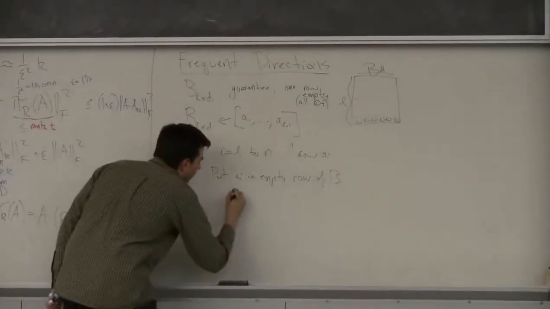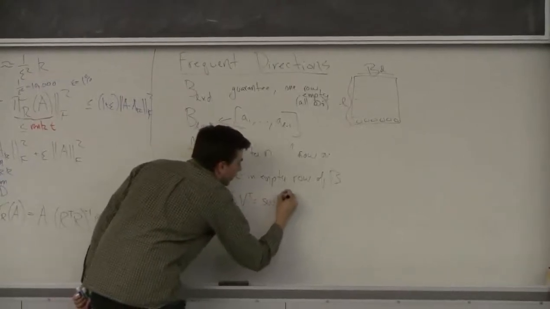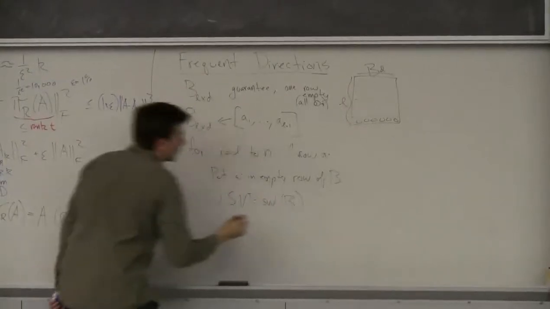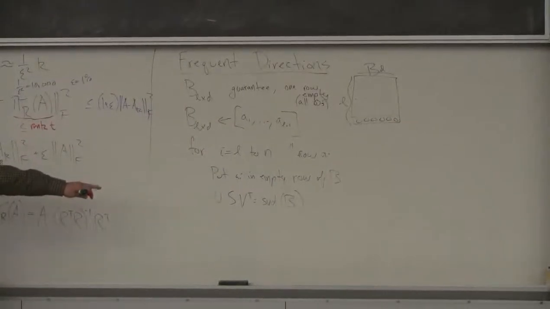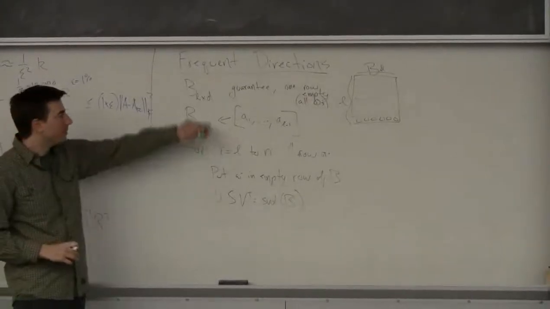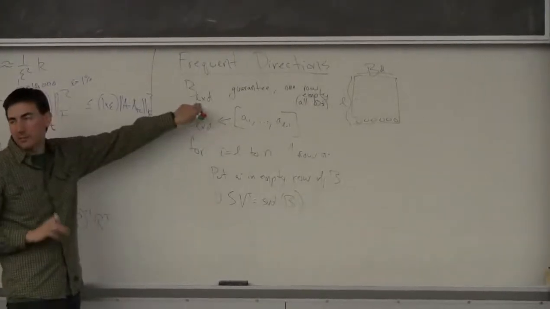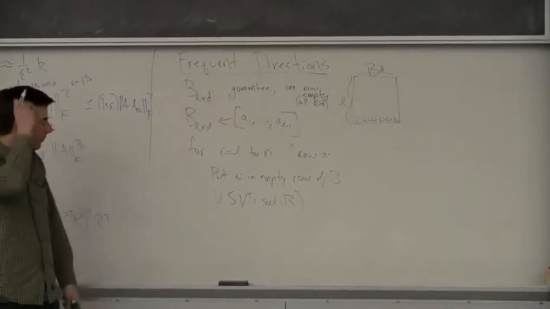I'm going to do U S V transpose equals the SVD of B. Now I'm going to take the SVD of this. And my goal was to avoid taking the SVD, but B, remember, was small. Instead of having a big n value here, this is going to have L, which is going to be much smaller.